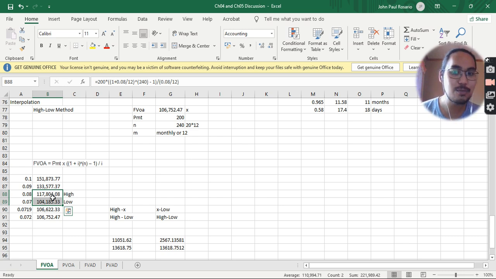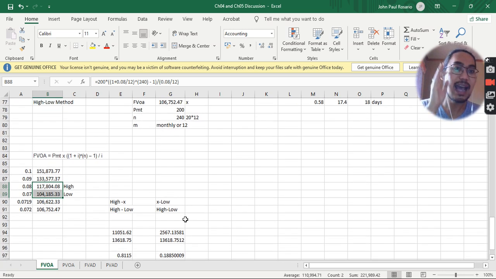So this is where we do that on our high-low method. So for our high-low method, we choose a high and we choose a low. So in this case, high of course is 117,000 and then low is 104. So there are two different approaches for this, no? So it's high minus x over high minus low.